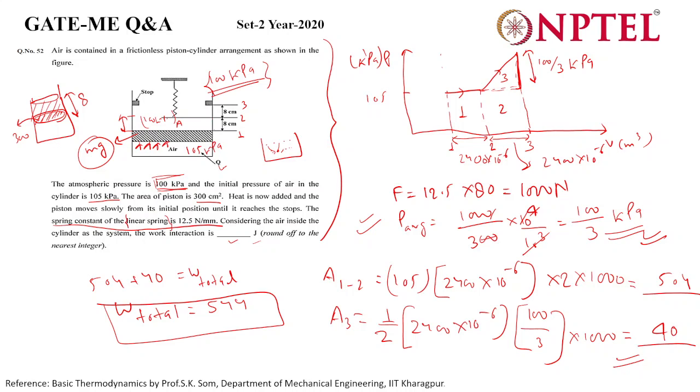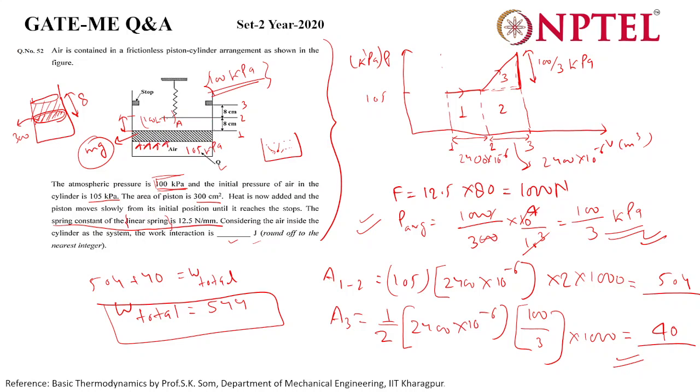When heat is added, the force from the downside would be more, because pressure increases. Then it will go up and try to maintain the same force balance, 105 to 100, because that extra 5 kilopascal times this area is maintaining the weight of this piston. This is the actual reason. So that person is asking, right?